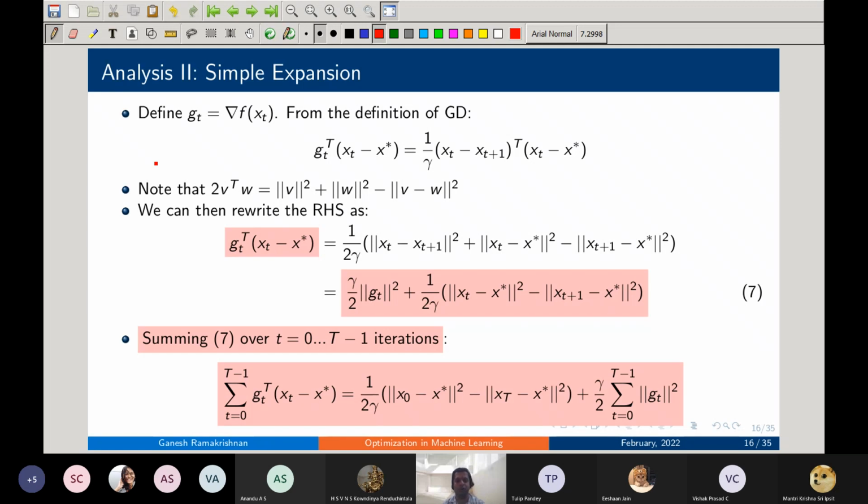I'm not going to derive everything all over again, just presenting the derivation. I'll be using a lot of color coding here so that you can quickly register. Remember, we had this expression from the definition of gradient descent. And then we used this algebraic expansion. This is trick 1.